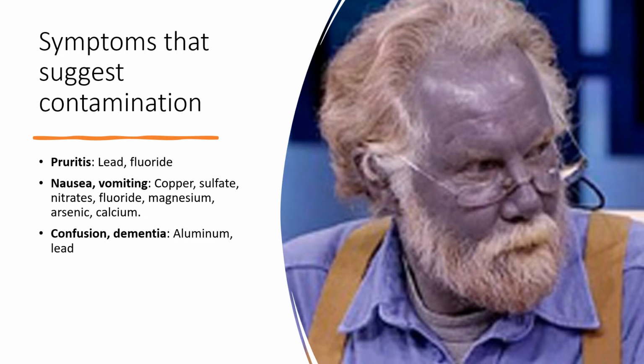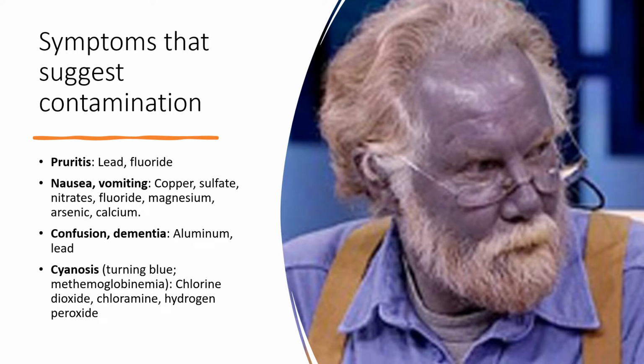Confusion and dementia most often in our population occurs as a consequence of vascular disease, but can be seen with aluminum or lead toxicity. There's a condition called methemoglobinemia in which patients turn blue, and that can occur as a consequence of exposure to various contaminants such as chlorine dioxide, chloramines, or hydrogen peroxide.